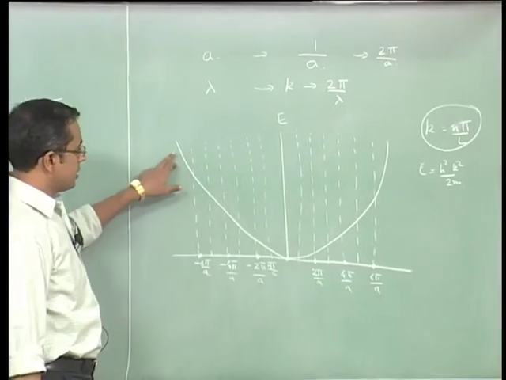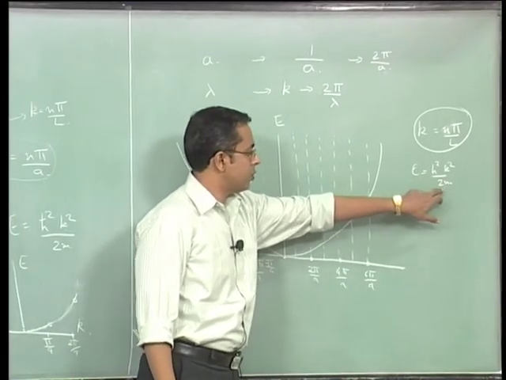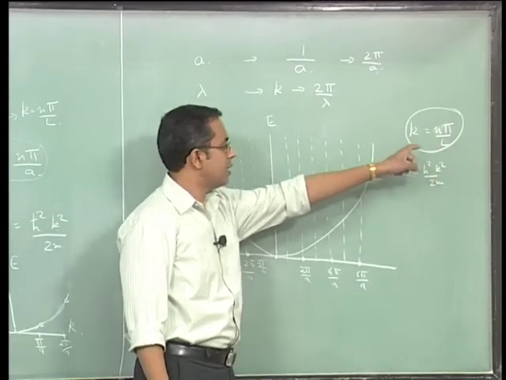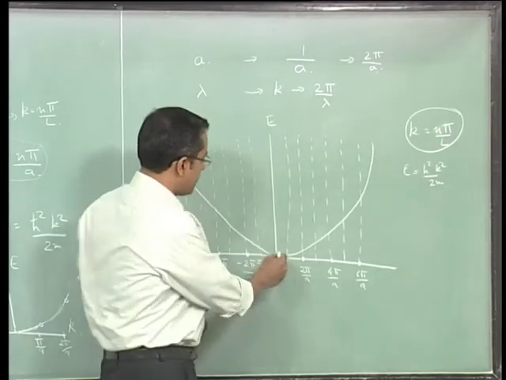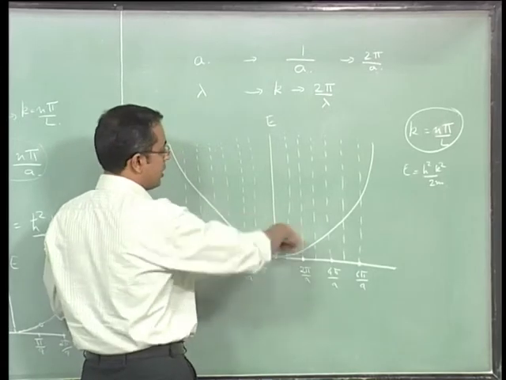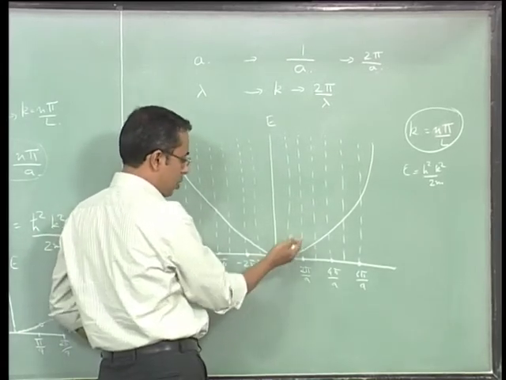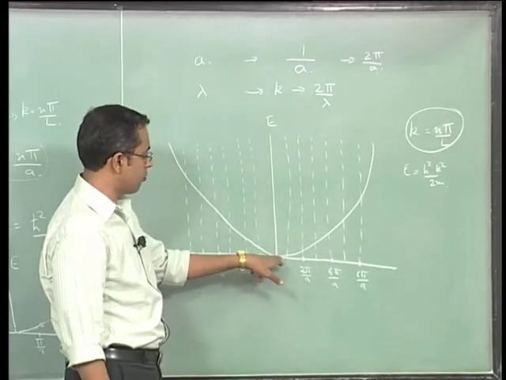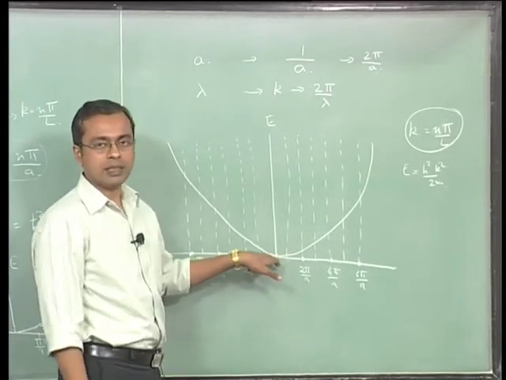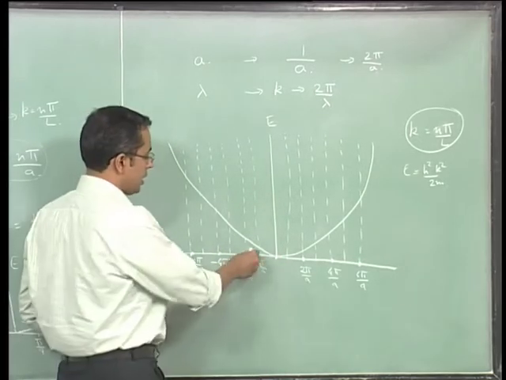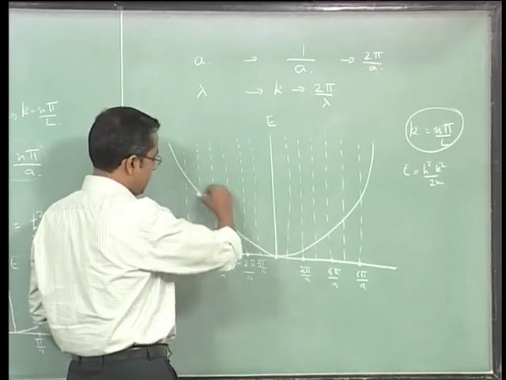This is a plot of h bar square k square by 2 m where the only allowed values of k are n pi by L, except that these are very closely spaced values. So it is actually not a continuous parabola, it is a series of points, except that there are several orders of magnitude of points between these two locations. So on our scale it looks like a continuous curve, and this is how it looks.